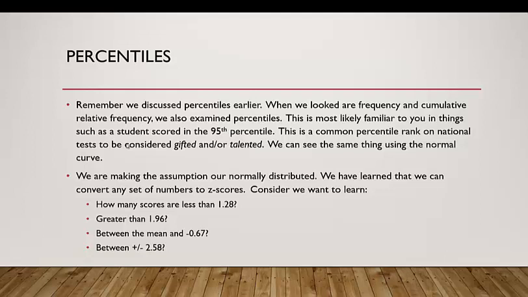The 95th percentile, and I pulled that up on purpose because I believe it's the 95th percentile that is the most common percentile rank on a national test called the COGAT, the Cognitive Abilities Test, that is used in schools to determine if students qualify for gifted and talented. It's a purely academic test.